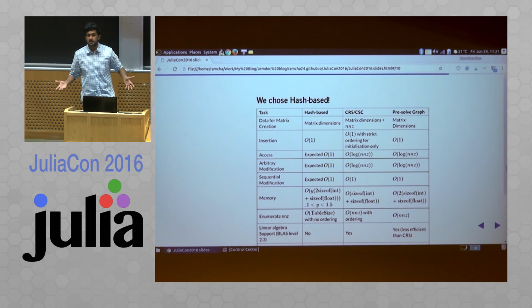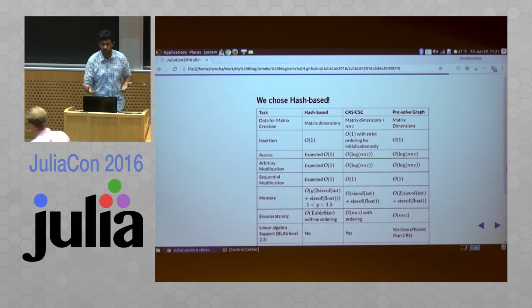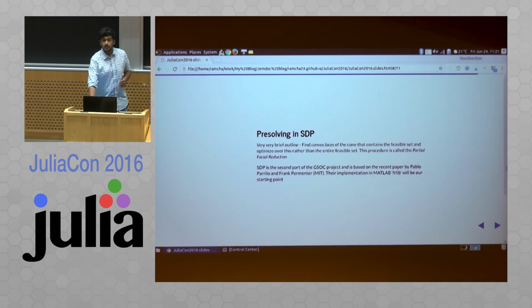And we chose hash-based. We did some very light benchmarking, so for now we're sticking with hash-based, and in the future we'll experiment with other data structures. I only talked about linear programming, but I'll also be doing semi-definite programming, and that's a little more complicated, so I'll skip it.